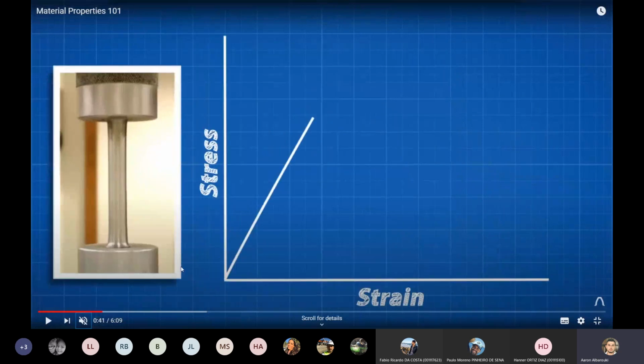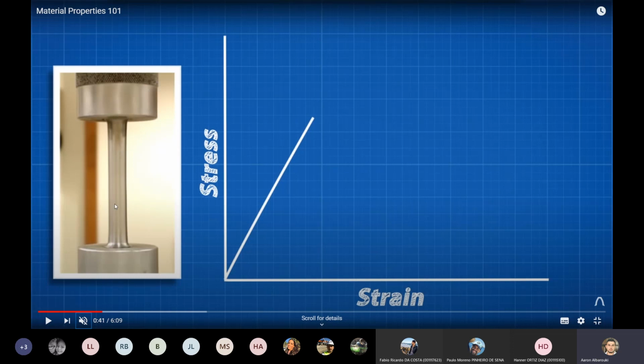So this is the relationship, guys, between stress and strain, and that's a sample of steel under testing. I told you we usually take a round cross section, and they are testing this material here. As they are applying the force, there's a tension force being applied here.